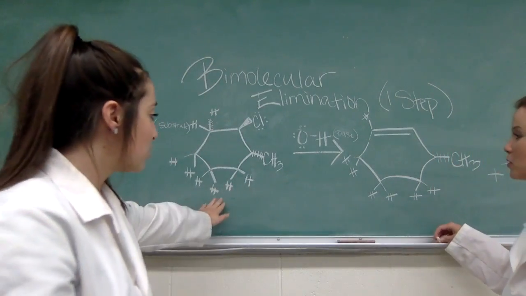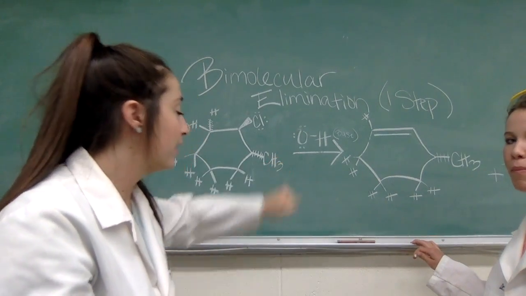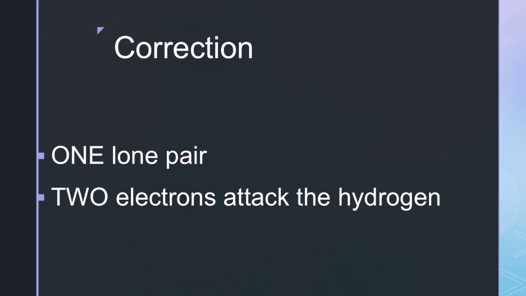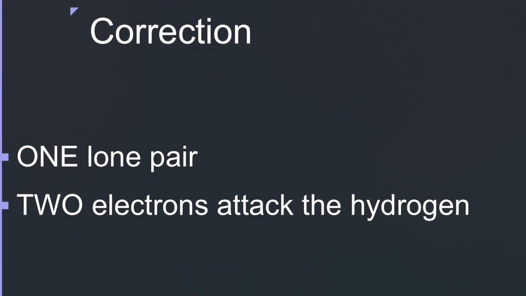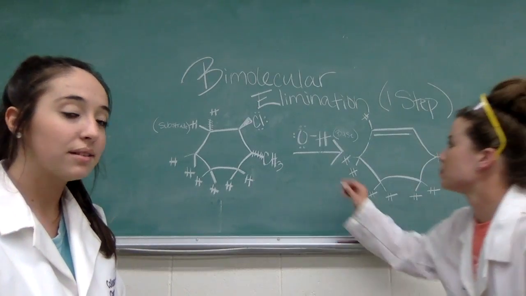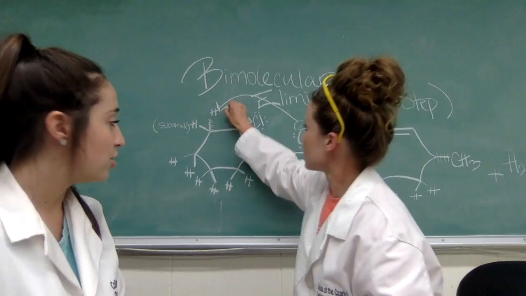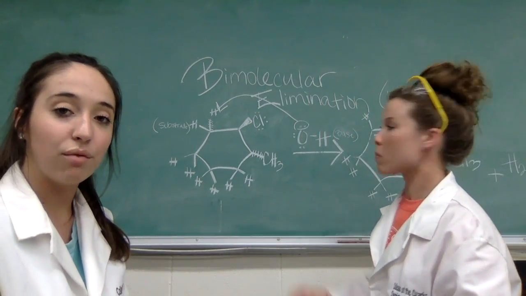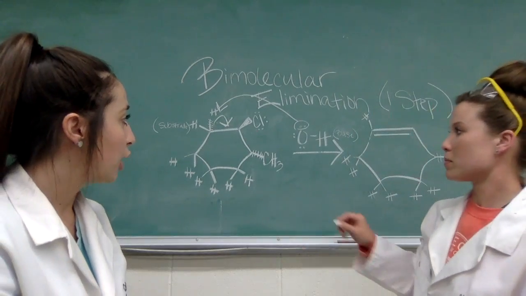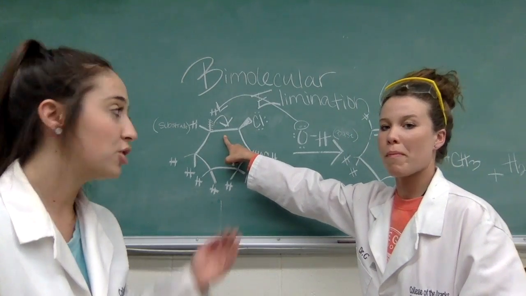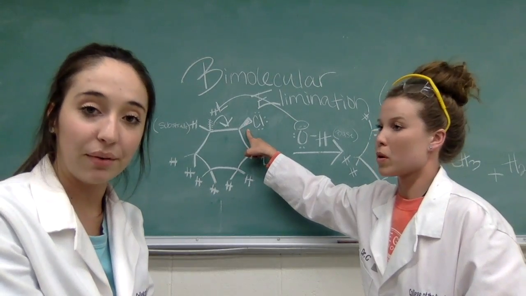So we have the substrate here, and then we have a base over here. So two lone pairs from the base are going to attack the hydrogen, taking the hydrogen and forming water, and the electrons from that bond are going to form a double bond between the carbon and the chlorine, which is the leaving group.